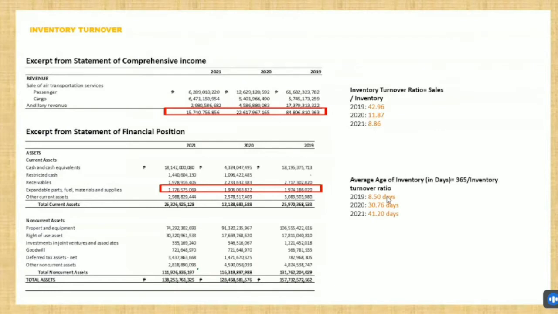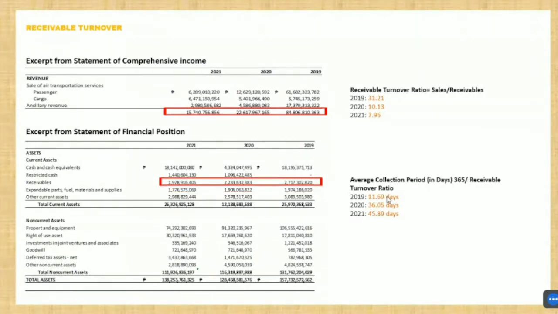Next is the receivable turnover ratio, wherein bumaba rin siya from 31 in 2019, tapos 10.13 nung 2020, tama ba yun? And 7.95 in 2021. 2020, tama. Receivable turnover ratio.